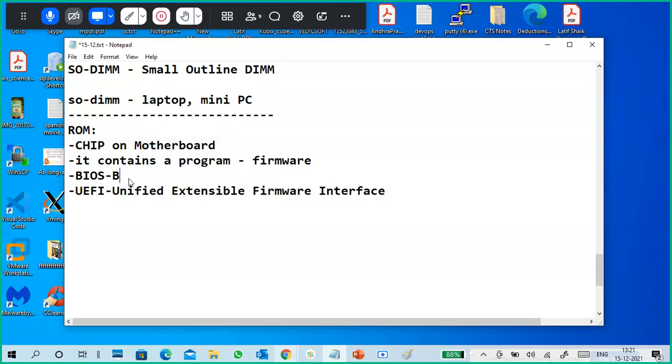BIOS, basic input output system. Another type of firmware is UEFI. What is UEFI? It is an updated version of BIOS.